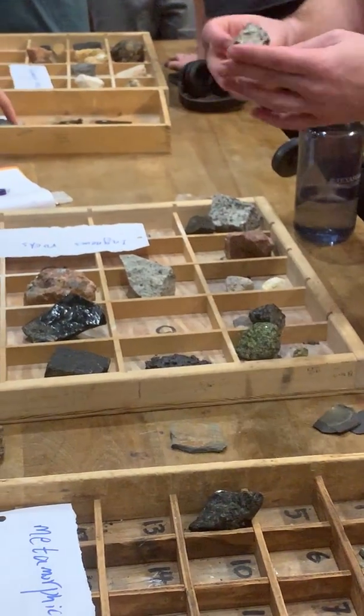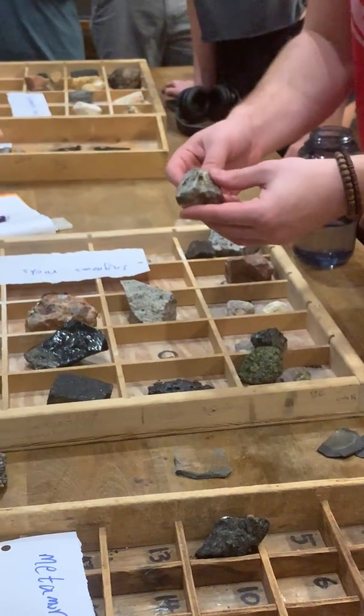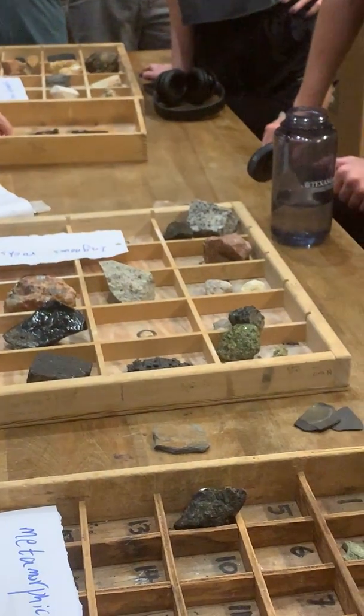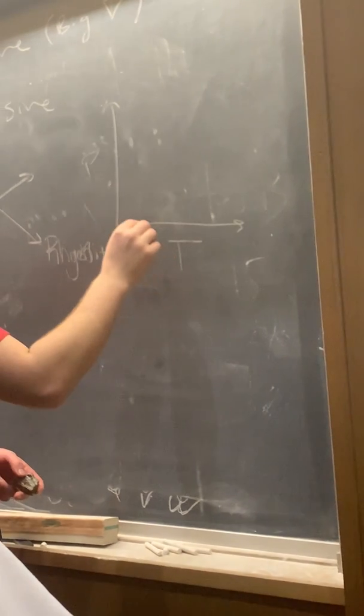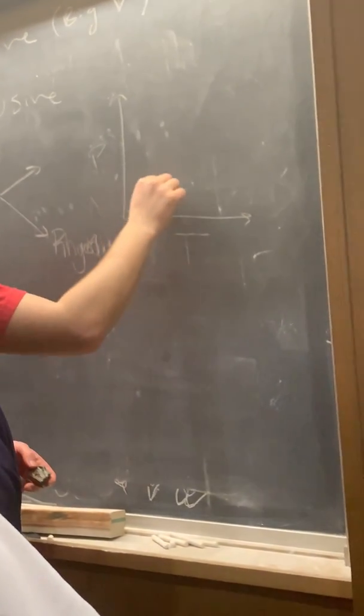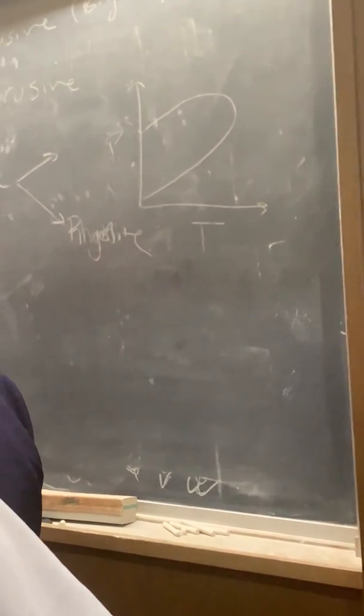And there's also something called retrograde metamorphism, which is what happened to this one. You don't need to know this, but you asked, so this is kind of what happened to it. This isn't important, I'm just explaining why this looks weird.